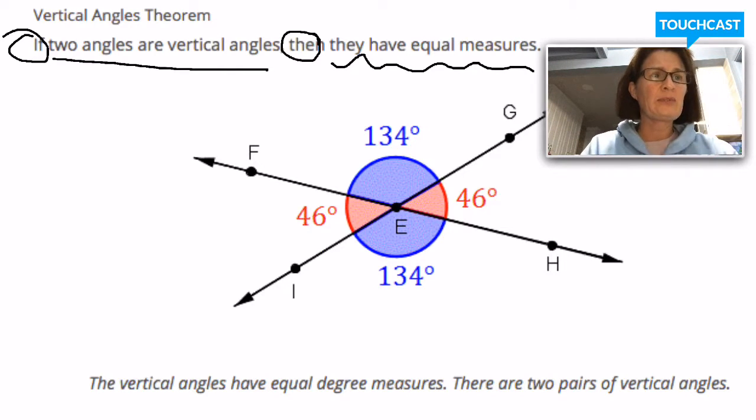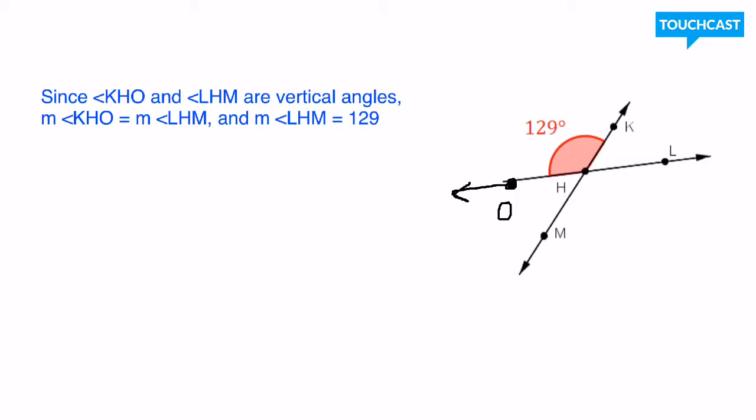Look at what happens in our example: since that thing that had to be true is true, the angles are vertical angles, then it must be true that they have equal measure. So we're going to use that same process, this idea of starting with an if-then statement, and then being able to say, okay, if the if is true, then the then must also be true.